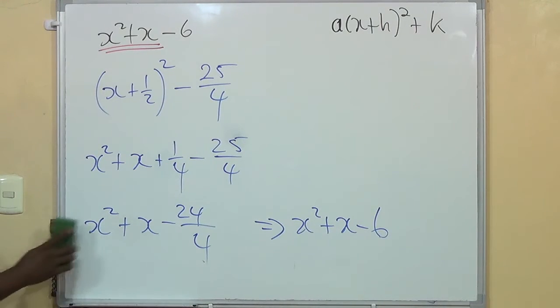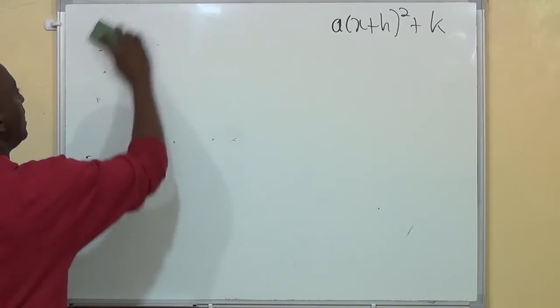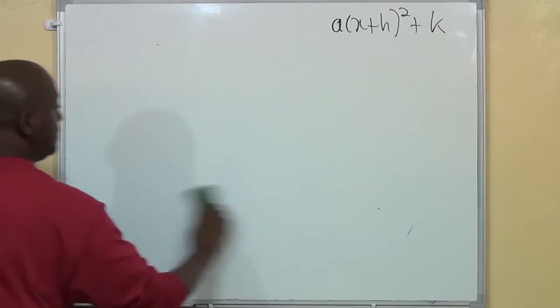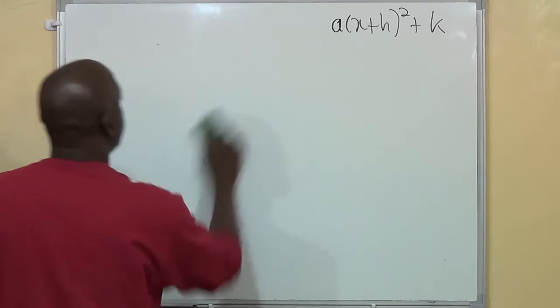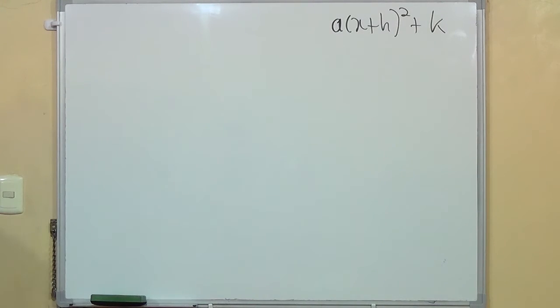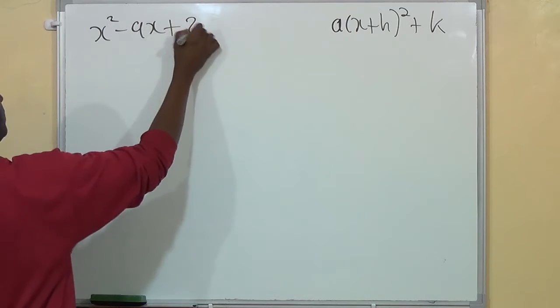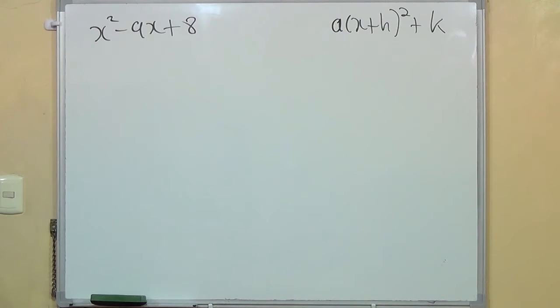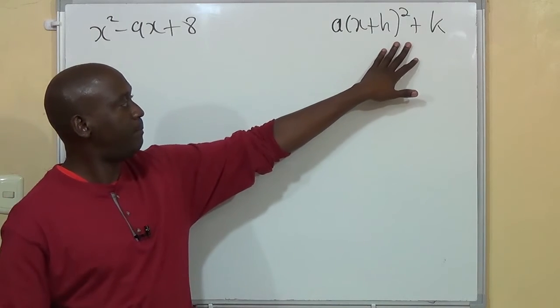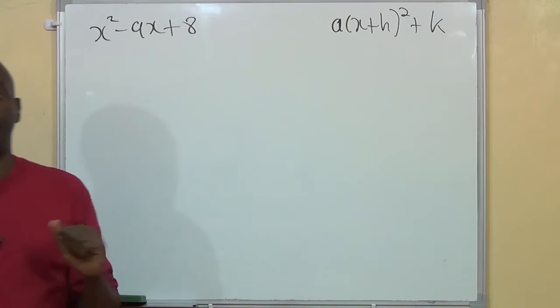Let us clean the board first. If we have the question, and the next question is as follows. If we have the expression, let us say x squared minus 9x plus 8, and we want to write that over in the vertex form, a into x plus h squared plus k.